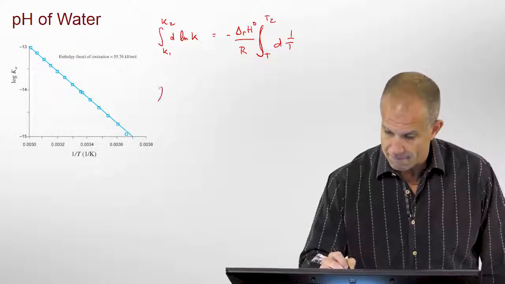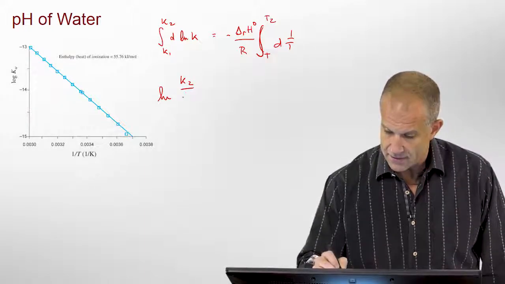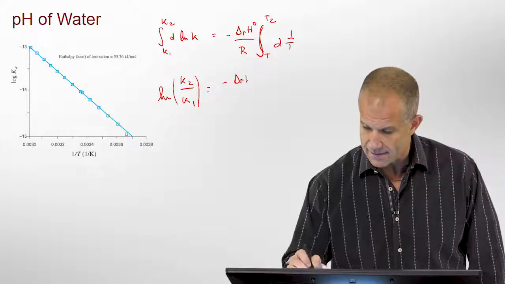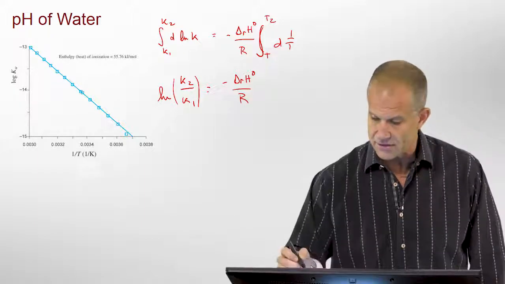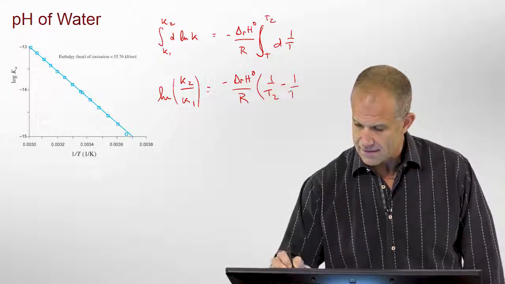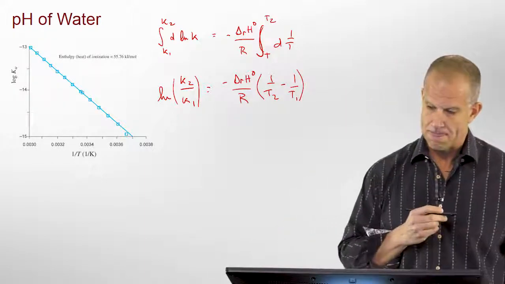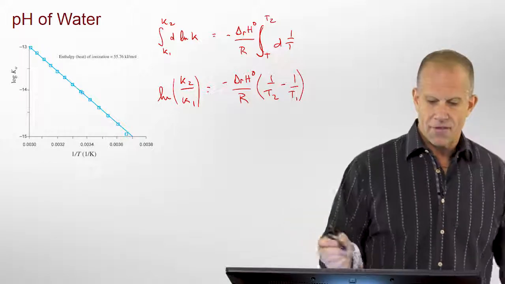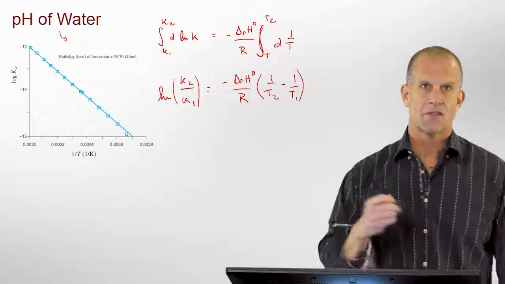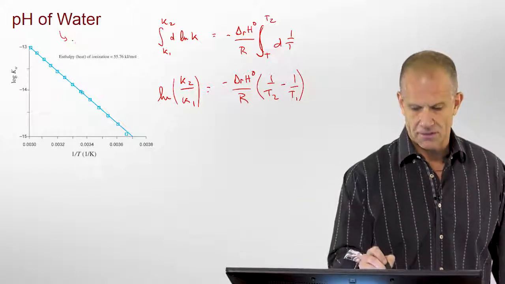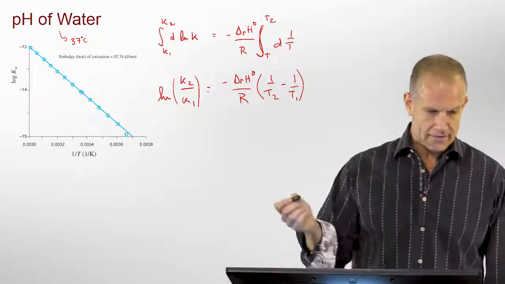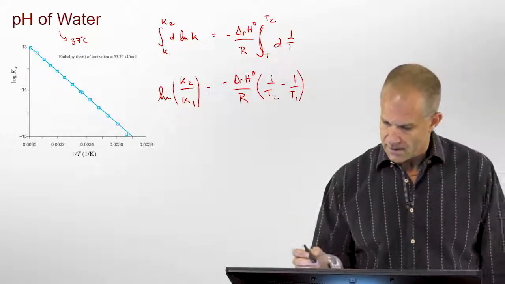We'll get that ln of K2 over K1 is equal to minus the delta H, we're looking at the ionization, over 1/T2 minus 1/T1. Right. So say, for example, we want to know the pH of water at physiological temperature or body temperature, which is 37 degrees Celsius, right, in this case.